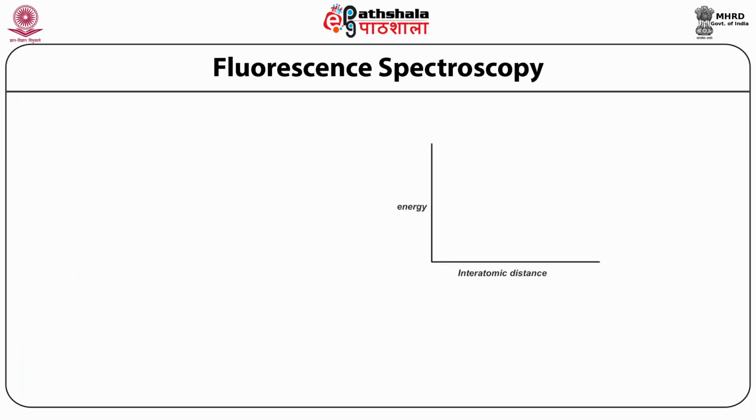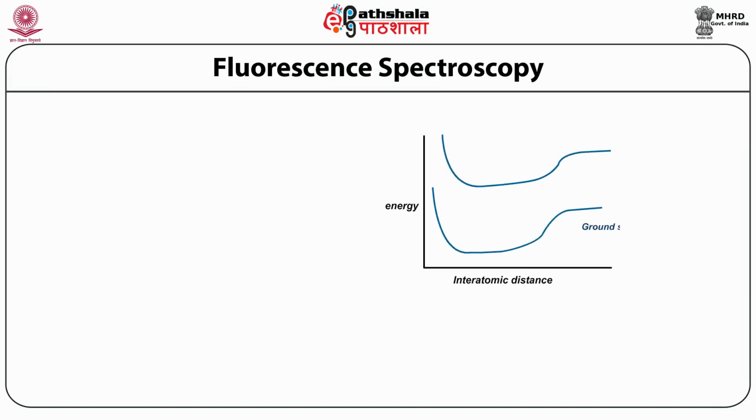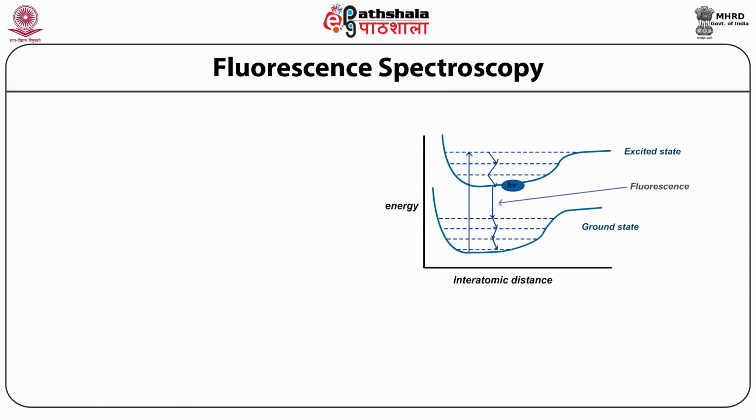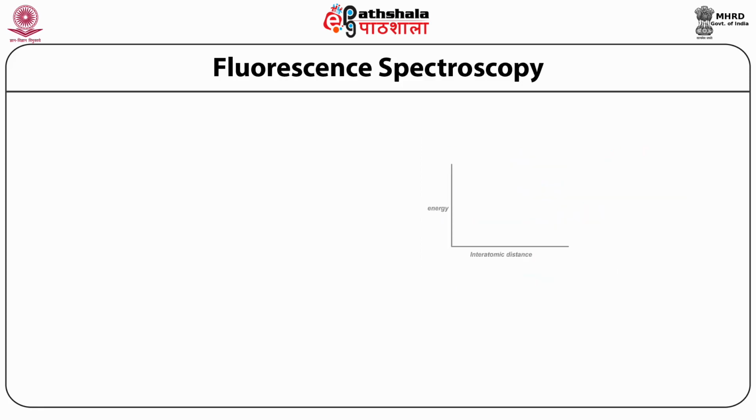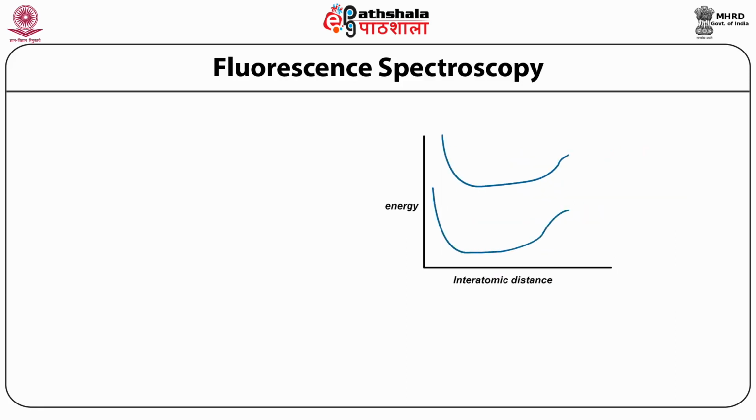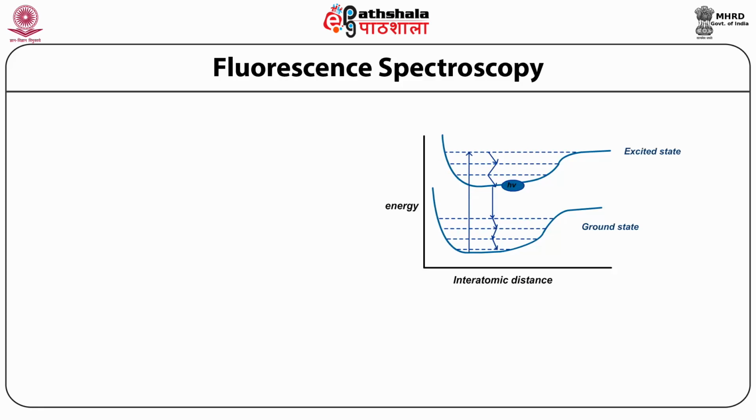We will show you how fluorescence occurs. Simply, the electrons are at the ground state, and after absorbing a certain amount of energy at the excitation wavelength, the electrons go to the excited state. Then they come back to the ground state by releasing a certain amount of energy, which is observed in the form of fluorescence.